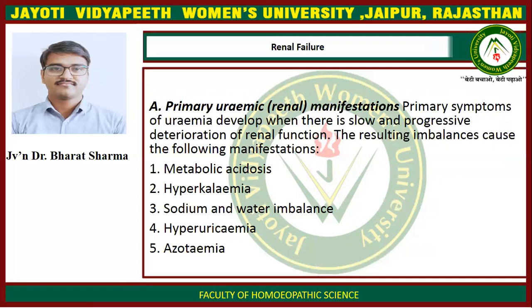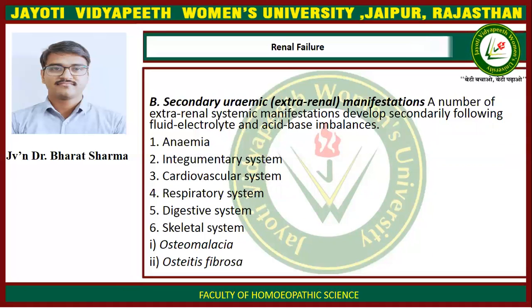The resulting imbalance causes the following manifestations: metabolic acidosis, hyperkalemia, sodium and water imbalance, hyperuricemia, and azotemia. Secondary uremic or extrarenal manifestations are anemia and involvement of the integumentary system, cardiovascular system, respiratory system, digestive system, and skeletal system, which has osteomyelitis and osteitis fibrosa.